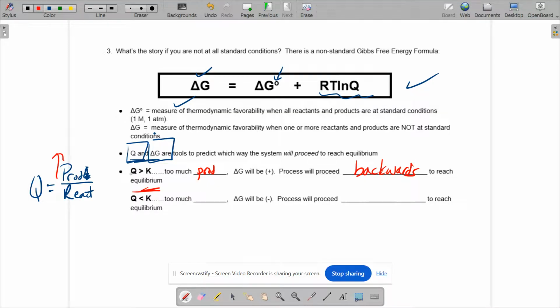So Q greater than K and delta G not positive tell you the same thing: you're going to go backwards to reach equilibrium. And of course, if the opposite is true and Q is less than K, then you have too much reactant. Delta G will be negative, because if you have too much reactant, you want to go forward to get to equilibrium, so the process will proceed forward to reach equilibrium.